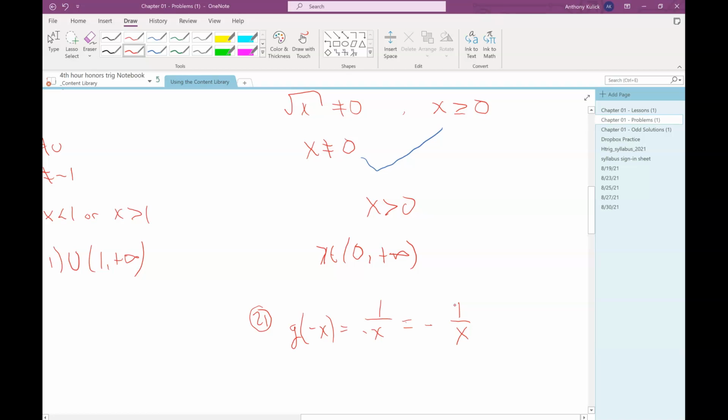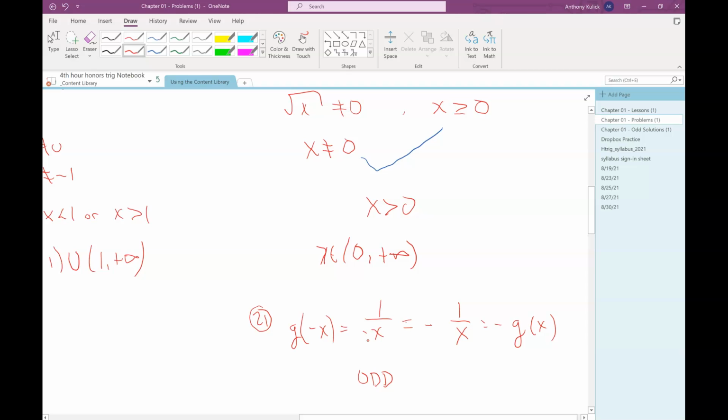So instead of putting it in the denominator, I'm just going to put it out front. And 1 over x is exactly what g of x was. So I have, in fact, negative 1 over x is negative g of x. So this thing is odd. And I'm done.